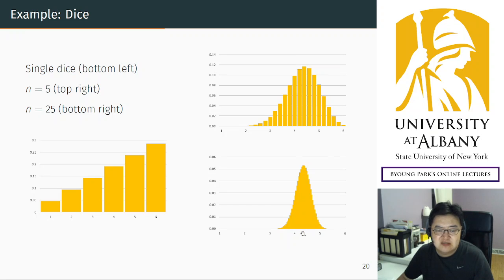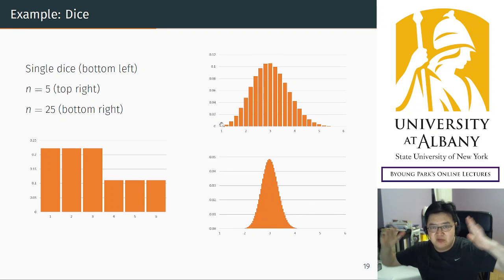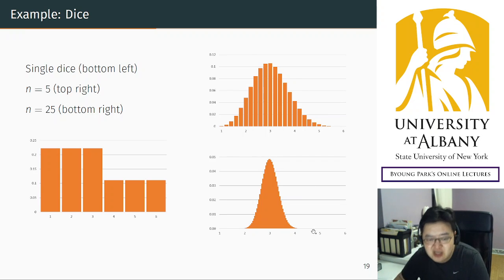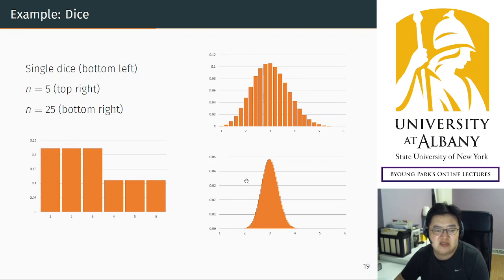which is common to any probability distribution. Probability is becoming more and more concentrated. The range looks like it is shrinking. Actually, there is a very small probability here and there, but there is just too little probability there. So as a result, the variability is decreased.